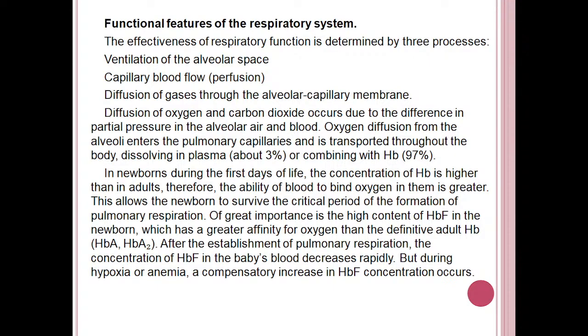After the establishment of pulmonary respiration, the concentration of hemoglobin F in the baby's blood decreases rapidly. But during hypoxia or anemia, a compensatory increase in hemoglobin F concentration occurs.